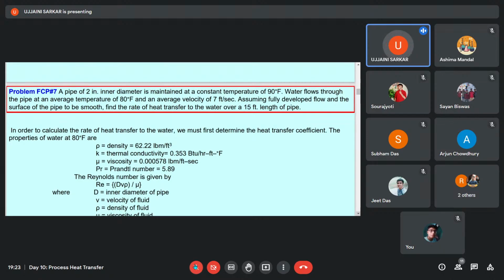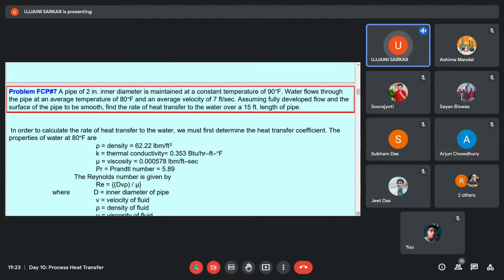So always when we consider problems under fully developed flow for flow through pipes, we consider at a length which is a little bit away from the entrance, because in the entrance there is boundary layer development. When the fluid is coming, it is freely flowing. The moment it touches the internal solid surface, then no slip starts playing.